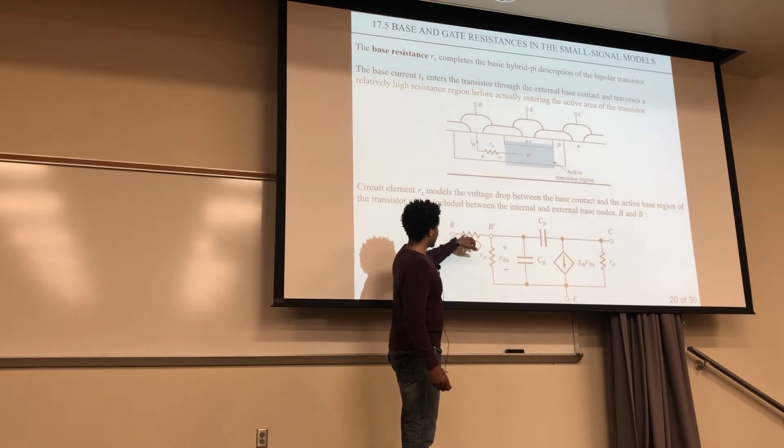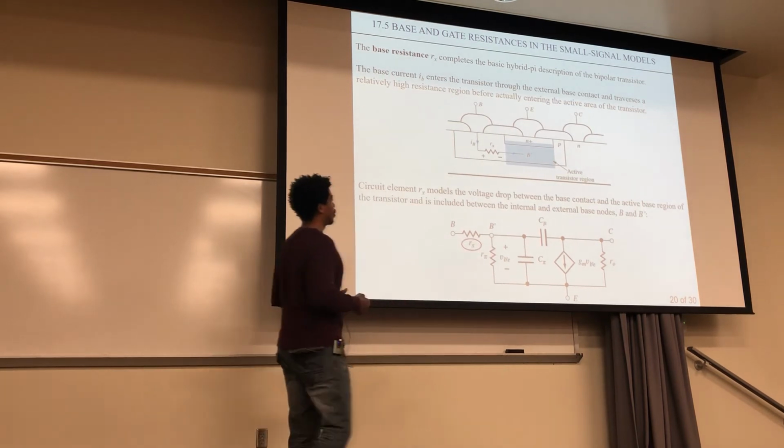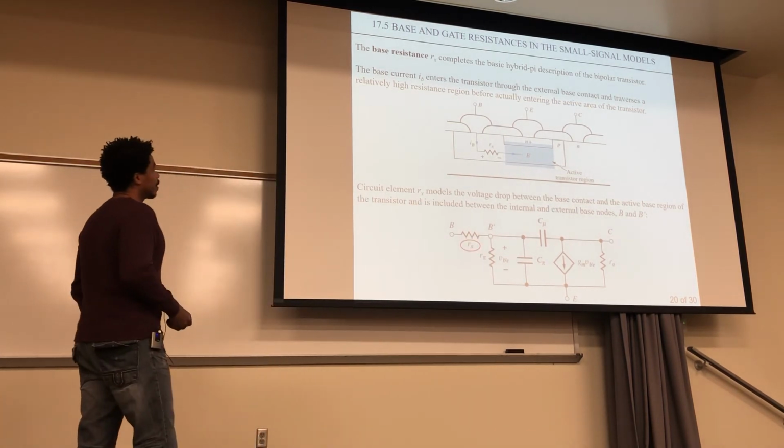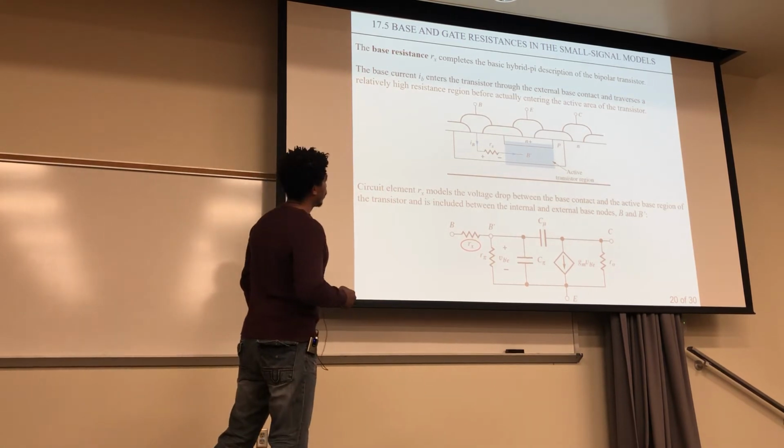It says here that the circuit element Rx models the voltage drop between the base contact and the active base region of the transistor, and it's included between the internal and external base nodes, B and B prime.